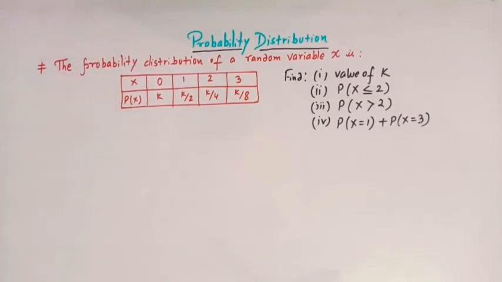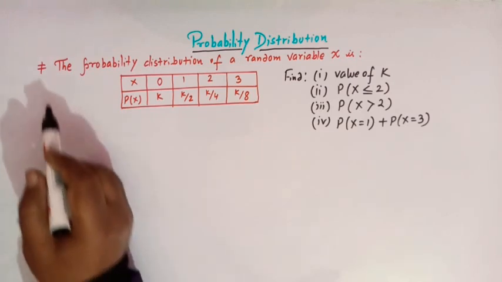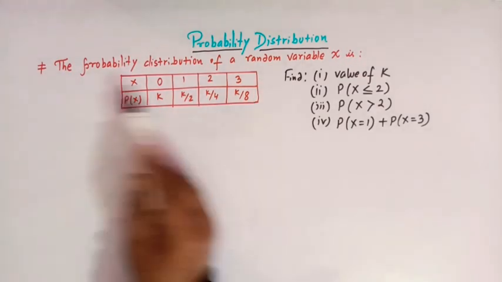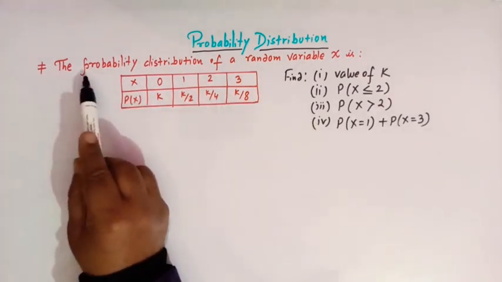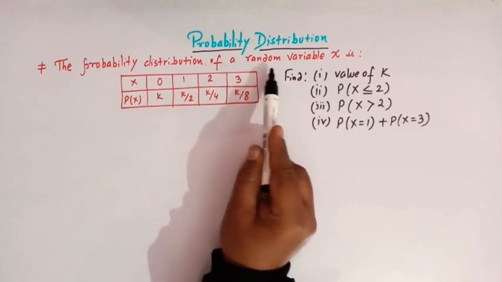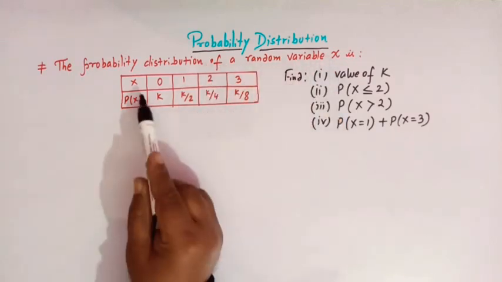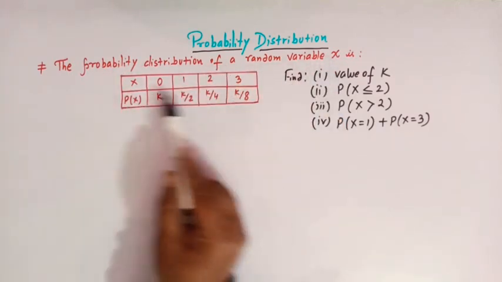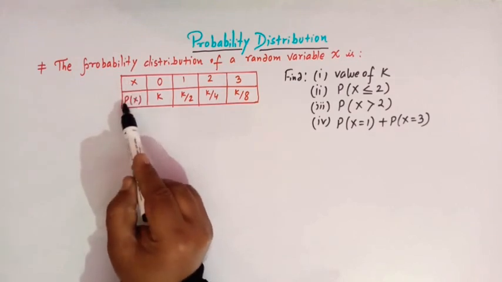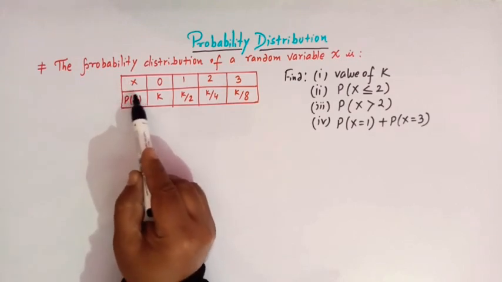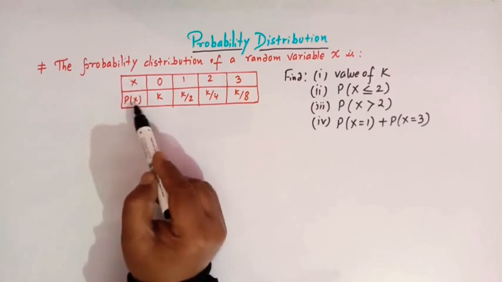Hello viewers, in today's class we are going to discuss an important problem from probability distribution, right? So here we have to solve this problem, and we are given the probability distribution of a random variable x through this table. Here we have x, and here we have the corresponding probability of x, right?